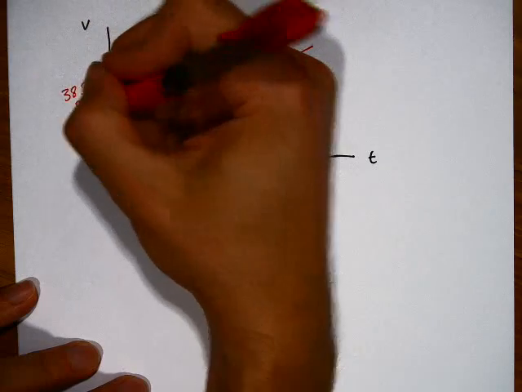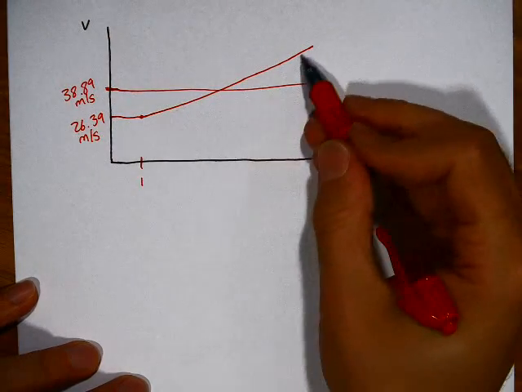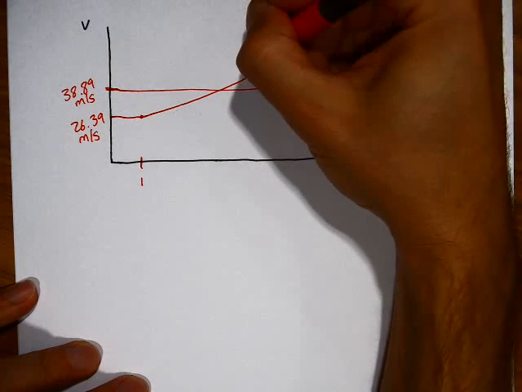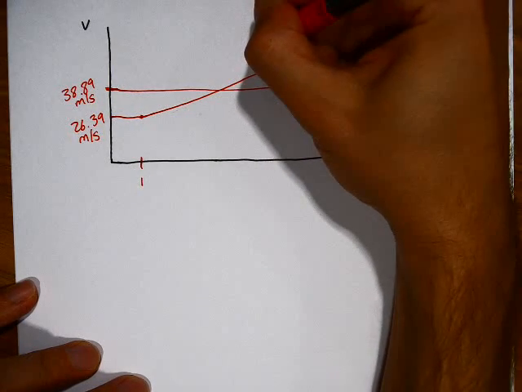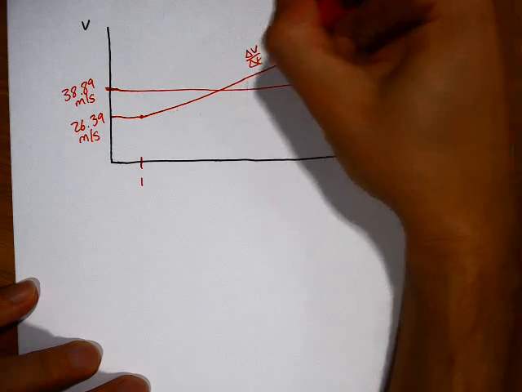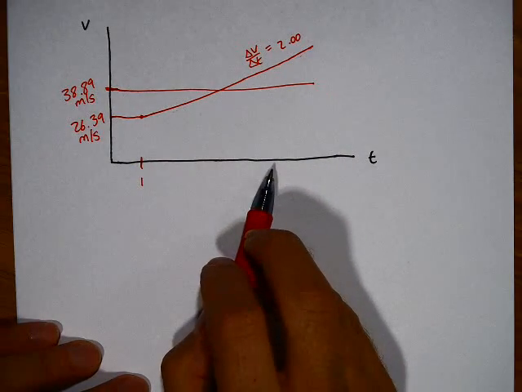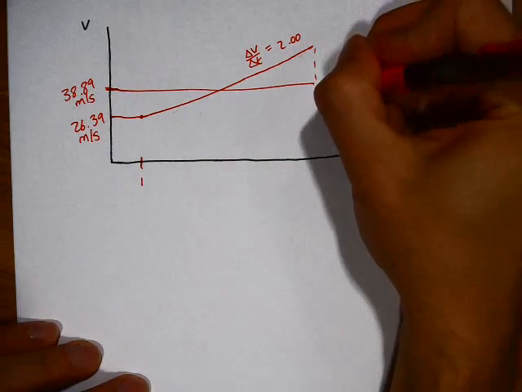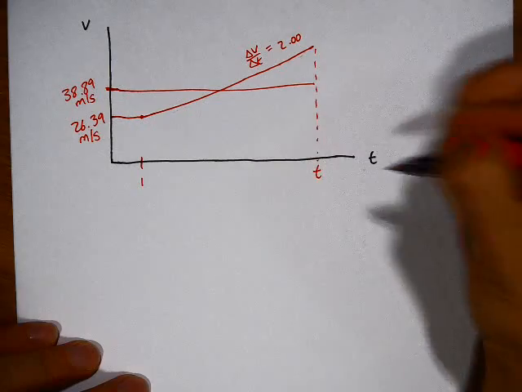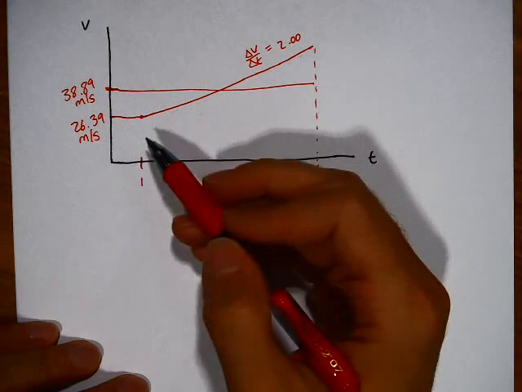So this is 26.39 meters per second. And now this slope, the rise over run, delta V over delta T equals 2. Now at some unknown time, we're just going to label it T, these areas have to equal each other.